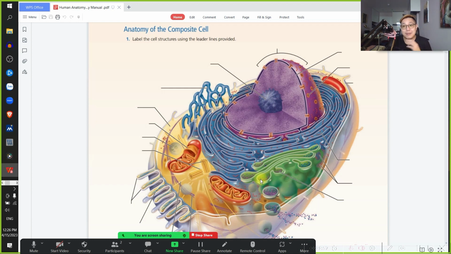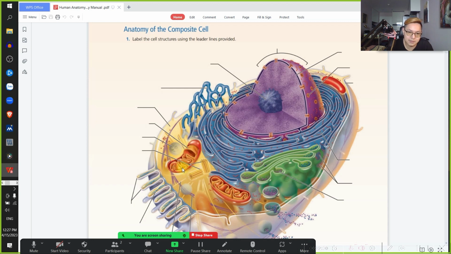Not just proteins, it packs everything the cells need and sends it to the places in the cells wherever they need it. It can pack sugar, carbohydrates, it can transport fat, proteins, minerals, anything like that.